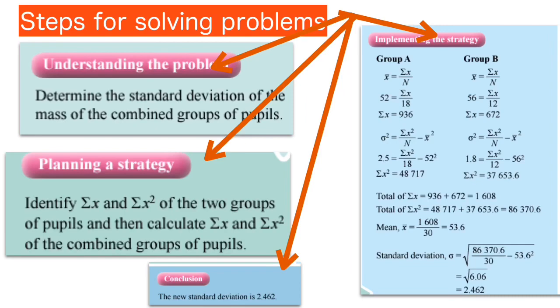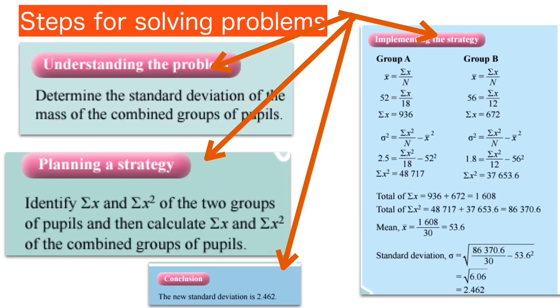We substitute 2.5 equals sum of data square over 18 minus 52 square. Then we take 2.5 plus 52 square, times 18. Press your calculator and you get 48717.